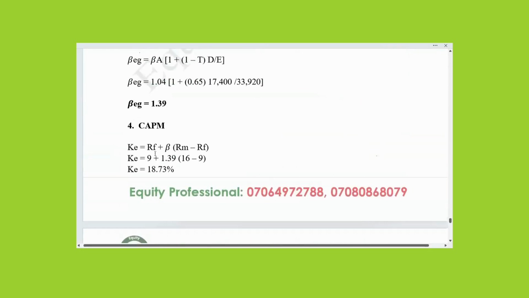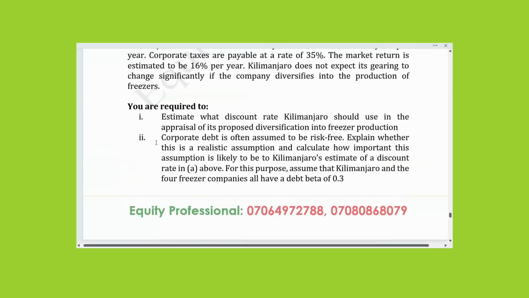Okay, then let's move to requirement number 2. Here, the examiner is telling you that corporate debt is often assumed to be risk-free. Explain whether this is a realistic assumption and calculate how important this assumption is likely to be to Kilimanjaro's estimate of a discount rate in A above. For this purpose, assume that Kilimanjaro and the 4 freezer companies all have a debt beta of 0.3.